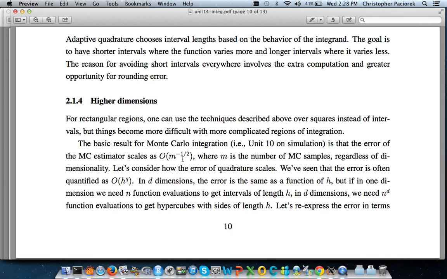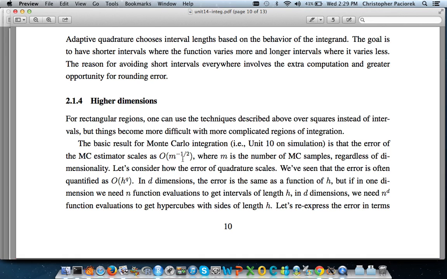If we go up to 3 dimensions or 4 dimensions, we basically have to do n to the d evaluations to get the length of these little intervals to be the same as in the one-dimensional case. So as we go to higher dimensions, we need many more function evaluations to get the same order of accuracy in estimating the integrals.